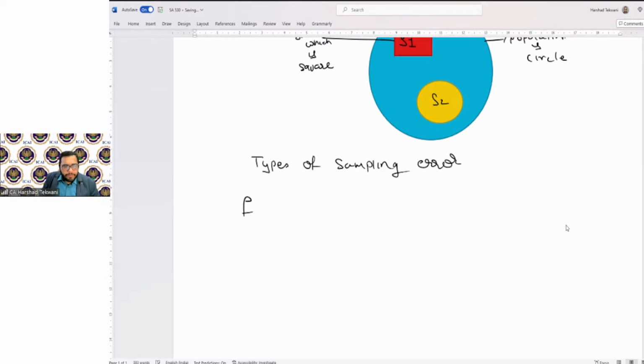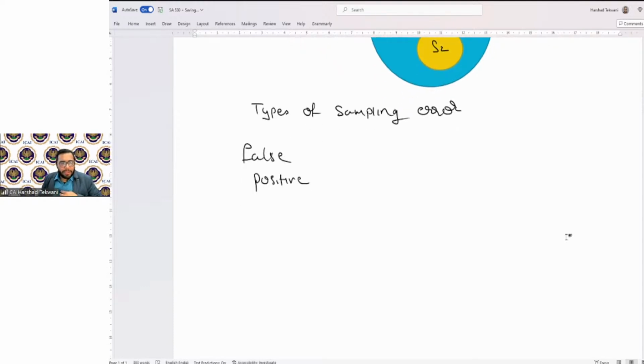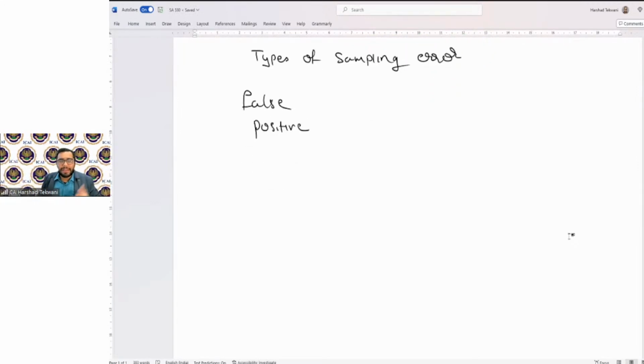So it is a false positive when you have received a positive, meaning there is no observation, but in actuality there are observations.